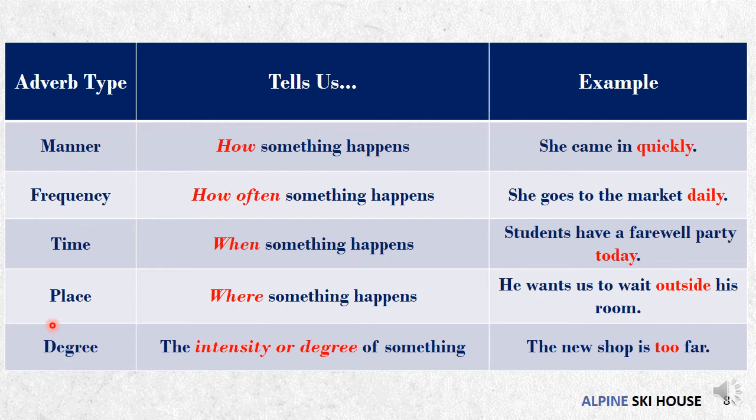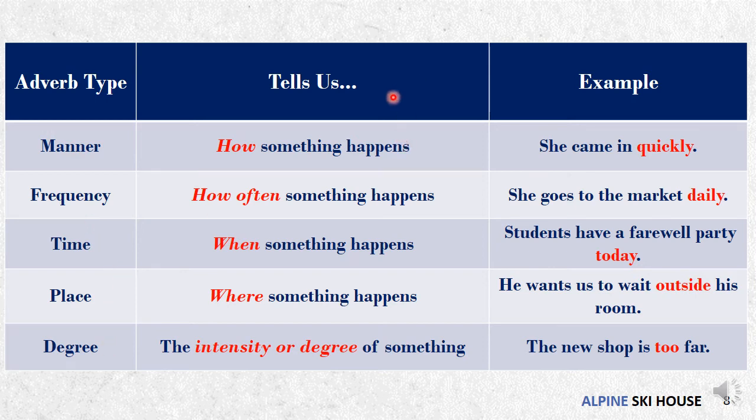The last slide shows us about adverb types and tells us how they work, and there are examples to understand in a better way. So we have different adverb types. Adverb of manner, adverb of frequency, time, place, and degree.